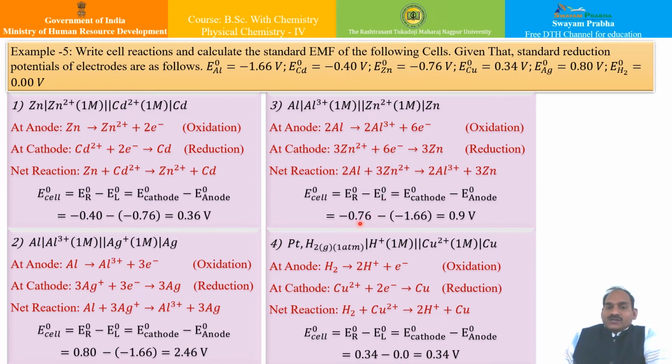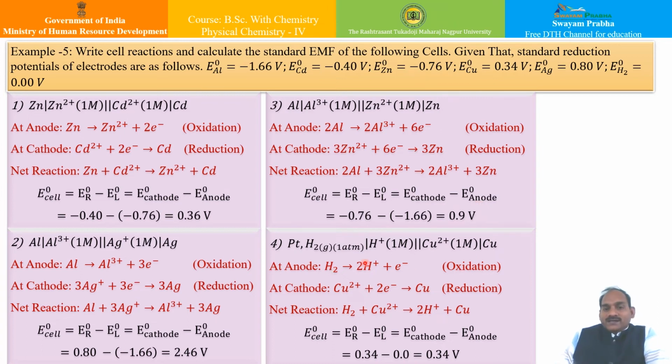For zinc, the value is minus 0.76, minus the aluminum standard reduction potential of minus 1.66. So minus 0.76 minus minus 1.66 gives you 0.9 volt. So the cell EMF of aluminum in contact with zinc is 0.9 volt.